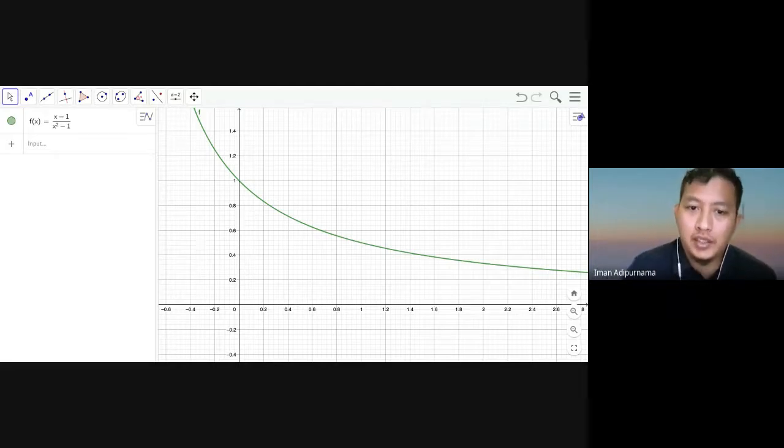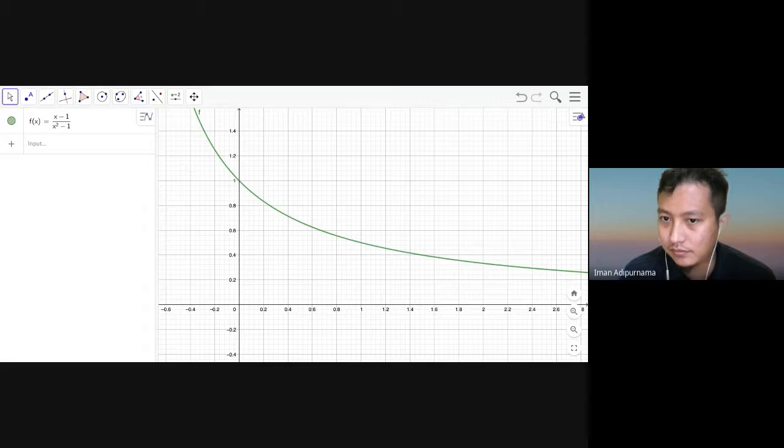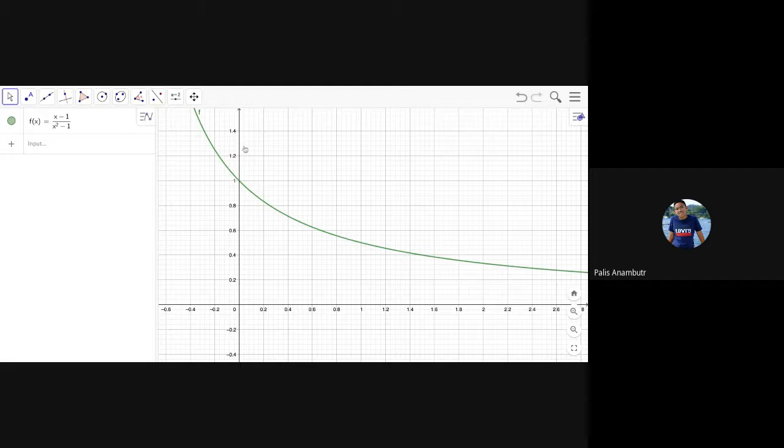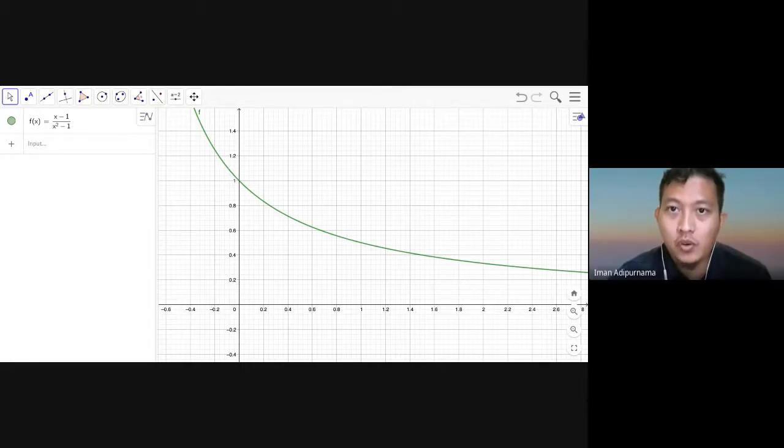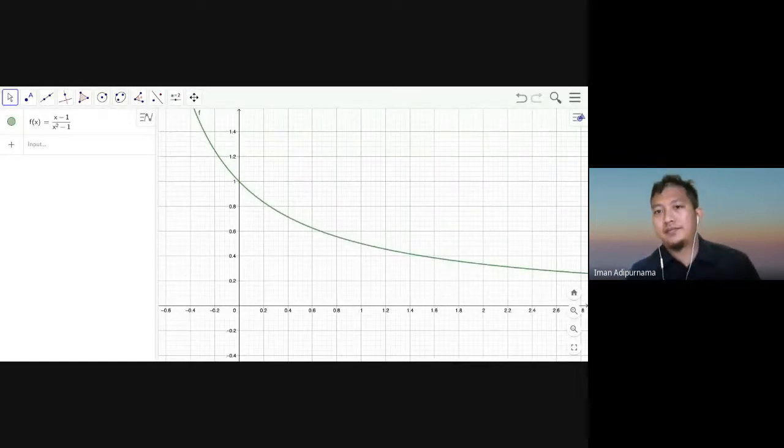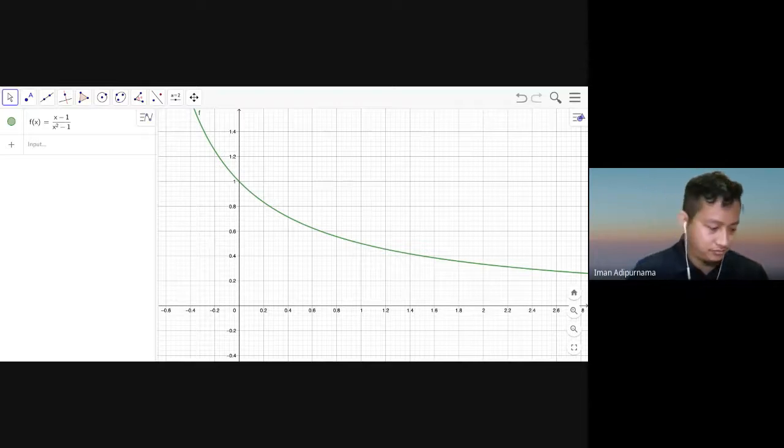What happens when x equals 1? The function is undefined. Undefined, right? It should be undefined, but why is GeoGebra showing me like this? Anyone have an answer? It's related to limit. So it should be undefined, right?